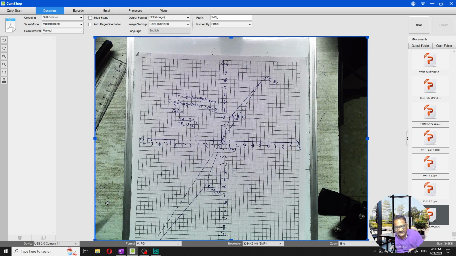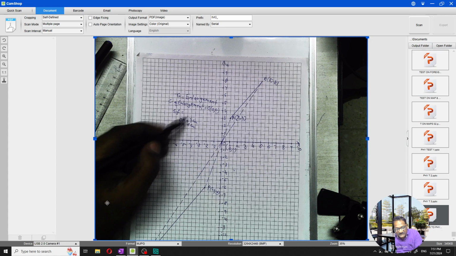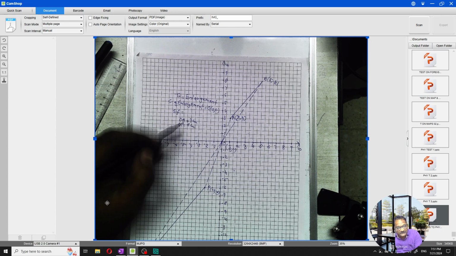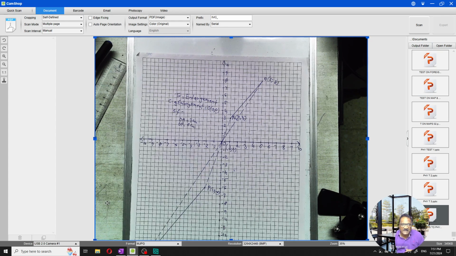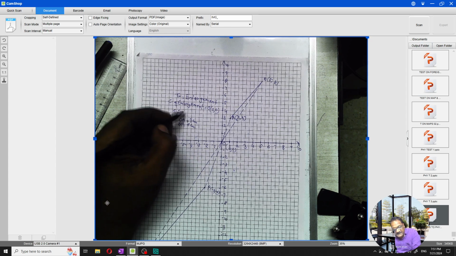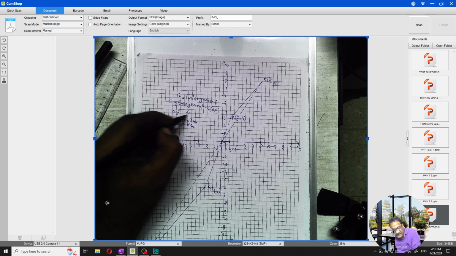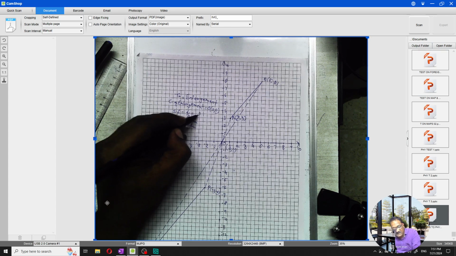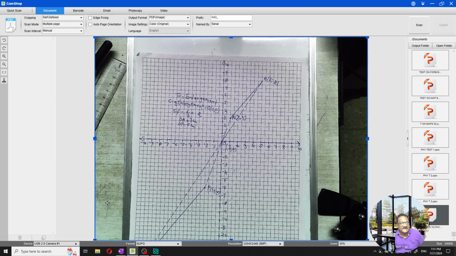My scale factor will be the ratio of these two. I cannot take 3 upon 6, because that works out to 1 by 2, that is 0.5, which is less than 1. So my scale factor should be OP upon OA. It will be 6 upon 3, which works out to 2. So the scale factor I am getting is 2.